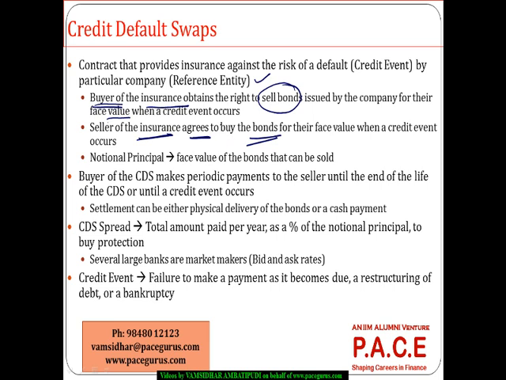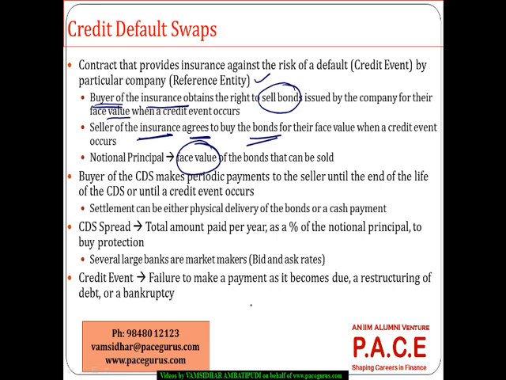So on the default of B, A is getting the protection from C and C is providing the protection to A. So A is the buyer of the protection, C is the seller of the protection, and B is the reference entity on whose default this whole instrument is working. And here there is a notional principal, which is the face value of the bonds that typically are being sold from the CDS buyer to the CDS seller.